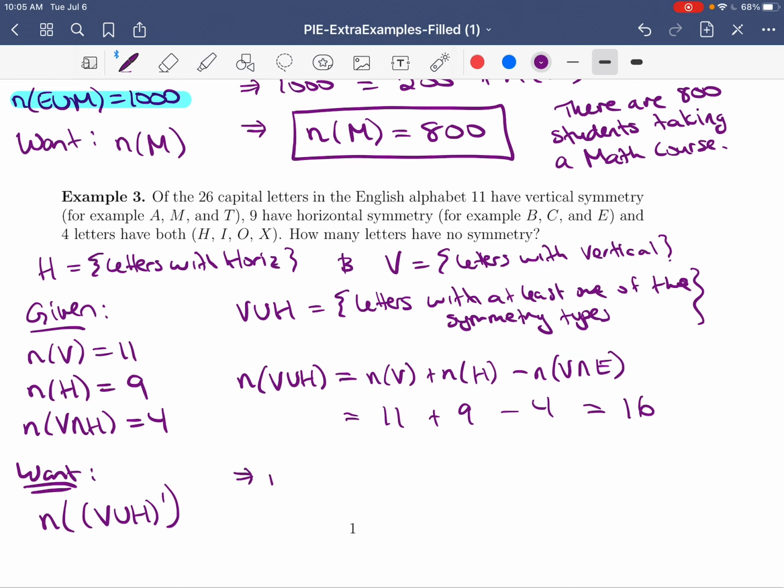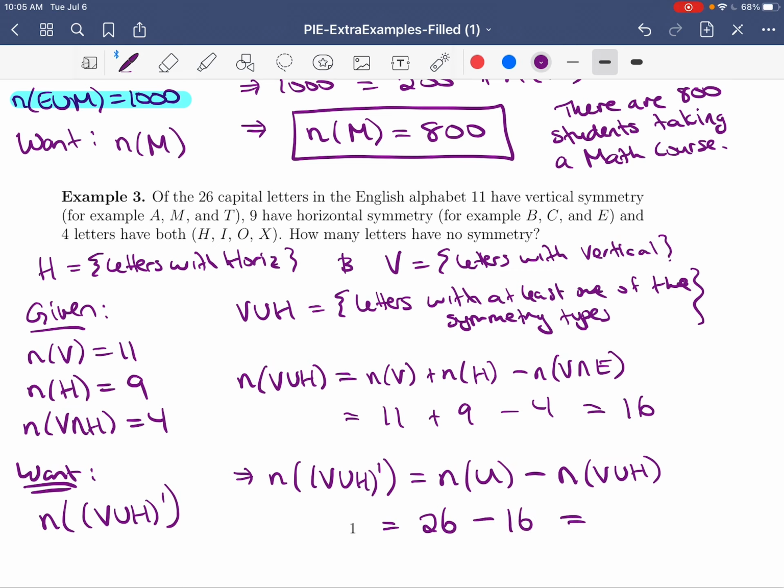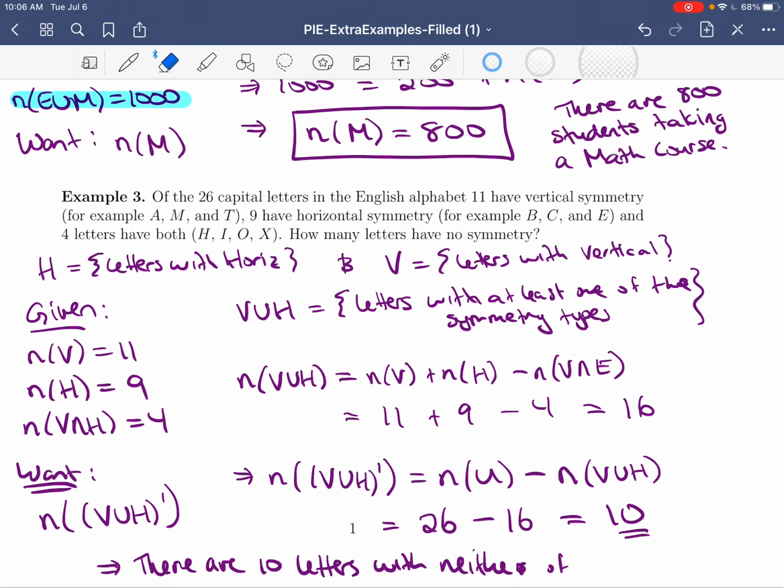So that means that the number in the complement of this, using the complement rule, should be the number in the universe minus the number that have some symmetry. The universe is all 26 letters. There's 16 that have some symmetry, so that means there's 10 that have none. So there are 10 letters with neither of the symmetries.